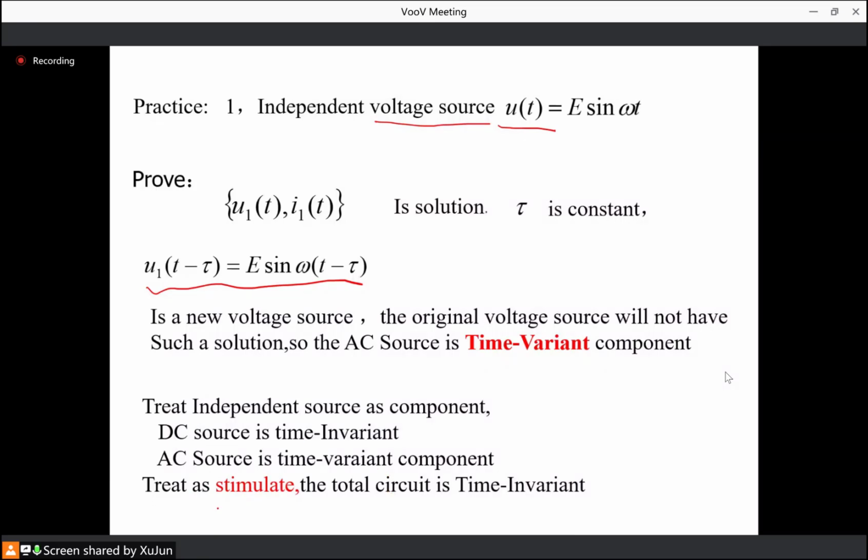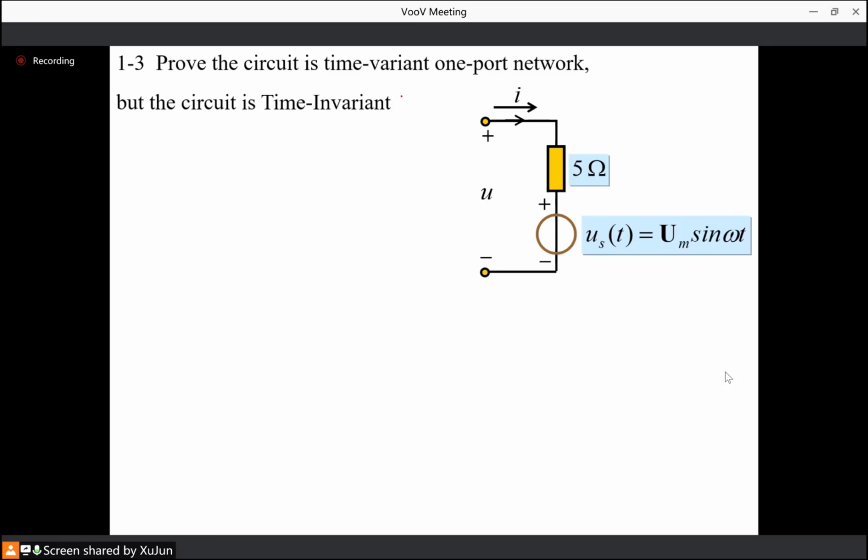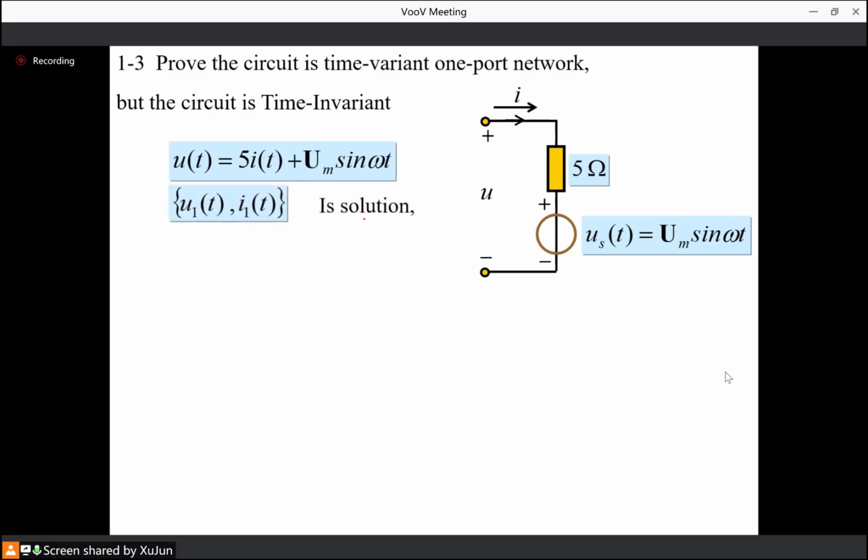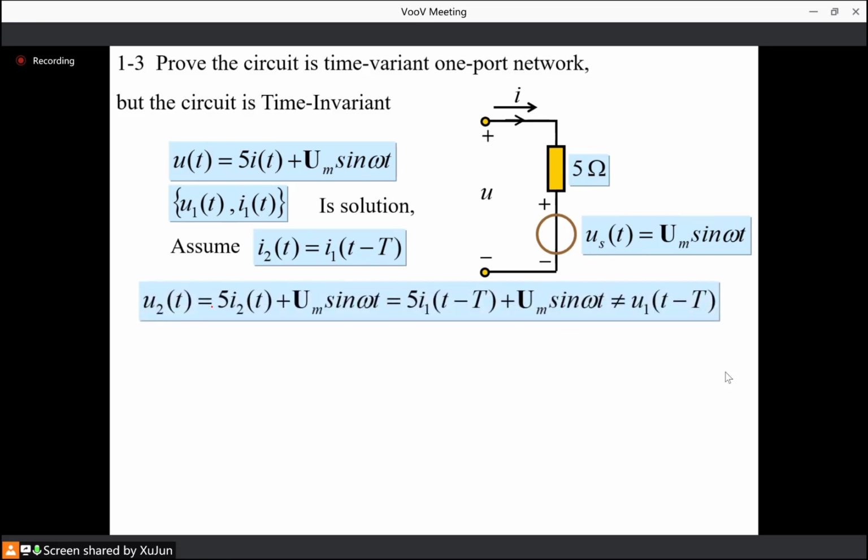If we treat the source as a stimulus, the total circuit will still be time invariant. For example, prove this circuit is a time-varying one-port network, but the total circuit is time invariant. At first, we discuss the U and I relation. U equals I multiplied by 5 plus this source. Assume U1, I1 is a solution, and assume I2 is I1 delay. And U2 equals 5 multiplied by I2 plus the source.